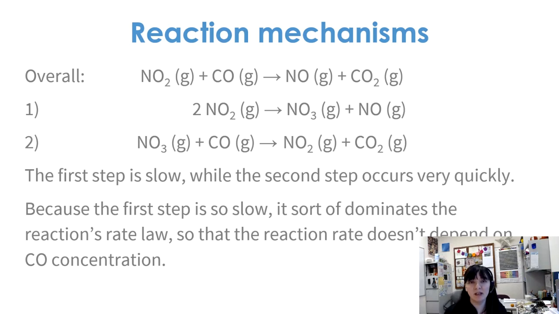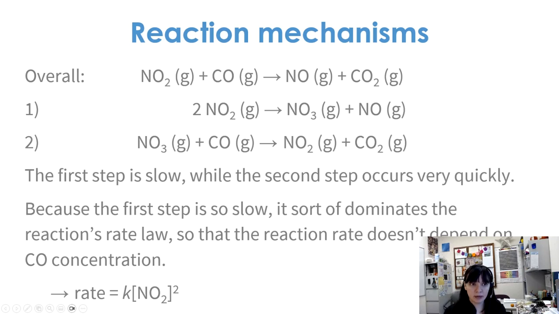It's like keeping the chemicals in traffic so that they can't get to the next clear path. And so what that means then is that the rate law for the overall reaction is actually not dependent on the second step at all, right? The rate law for the overall equation at the top here is just defined as the rate equal to K constant times the concentration of nitrogen dioxide squared.